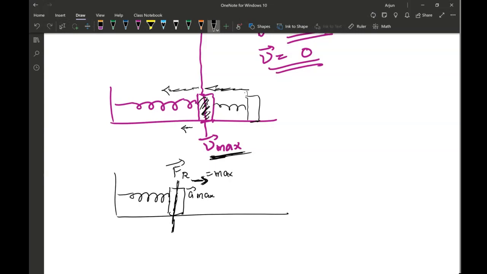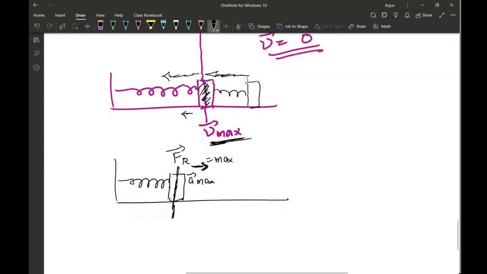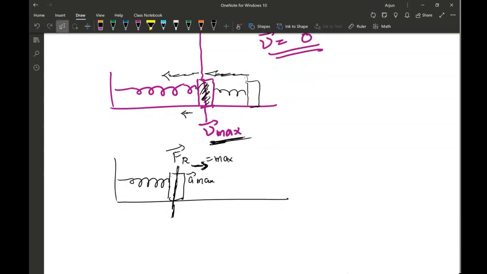Restoring force will be max, and I'm assuming that there is no loss because of friction in all these cases. A thing can come to your mind that over a period of time it will slow down. It will only slow down if there are frictional losses. Yes, in real life there are frictional losses, but in this case we are assuming there are none. And then velocity at this point will be zero at the maximum compression.